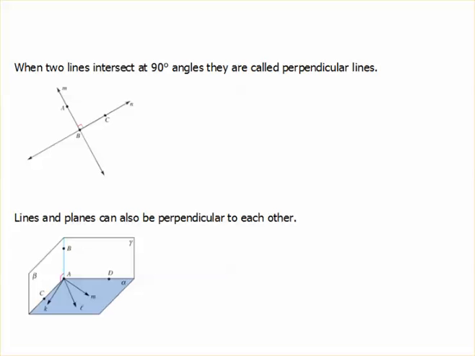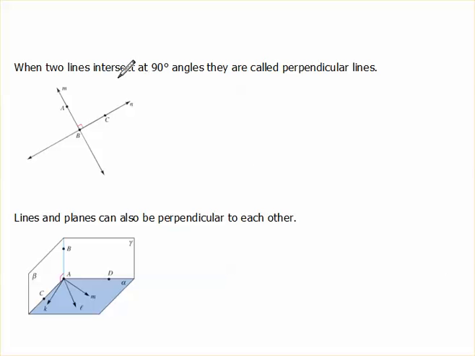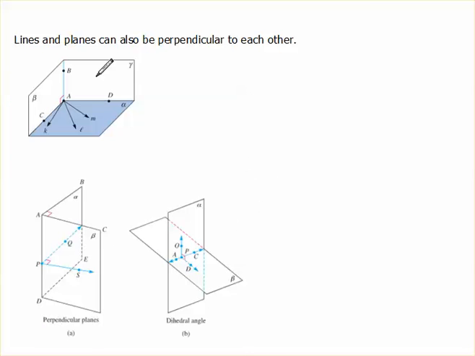Now also we need to go over our previous vocabulary of perpendicular lines. You guys should have seen that in the past, where we have two lines that meet in a 90-degree angle. Those are called perpendicular lines. Well, we can apply that to planes also.